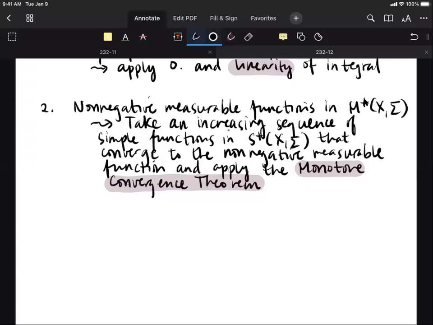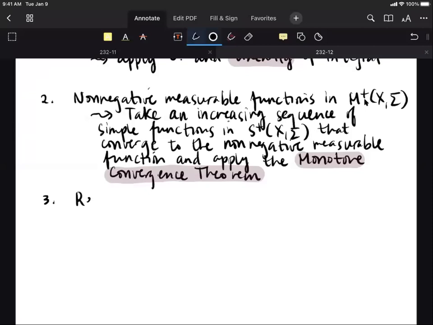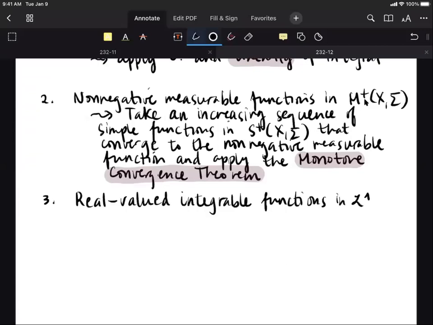Now the next step, what if we have the real valued case? So real valued integrable functions, that is in L1 of X. For this, you separate the positive and negative parts and apply the previous step.